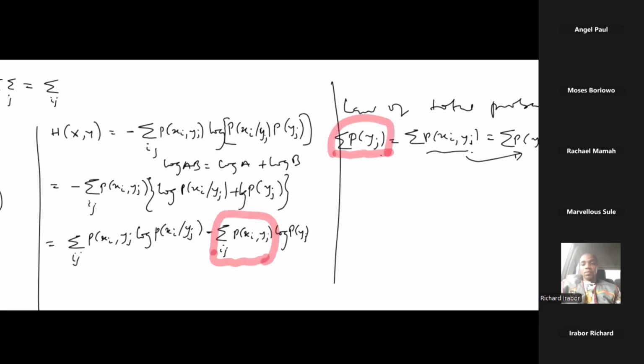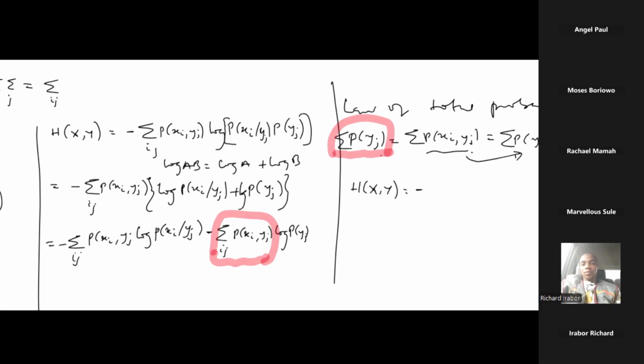Okay? Now, if they are, then it means that my joint entropy will be the same as negative, we're coming from this negative discipline, right?